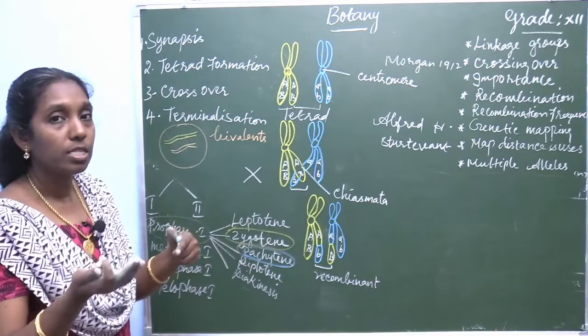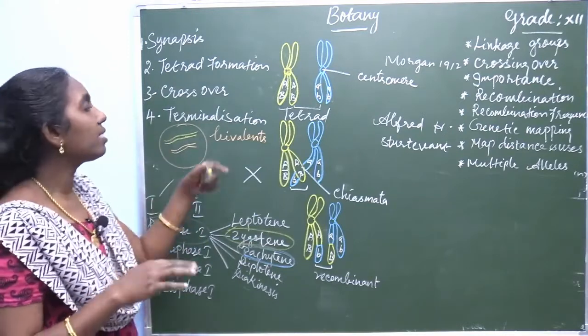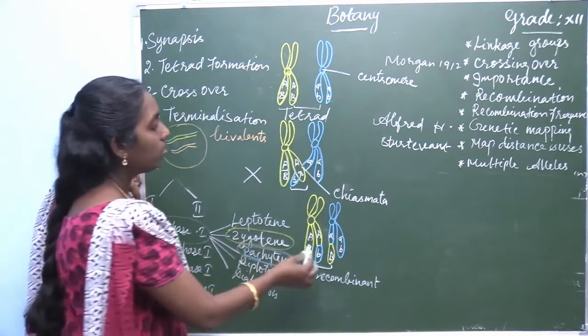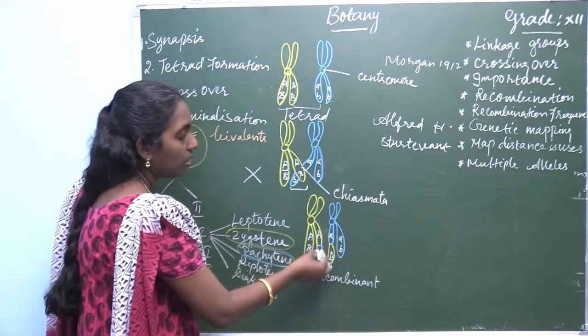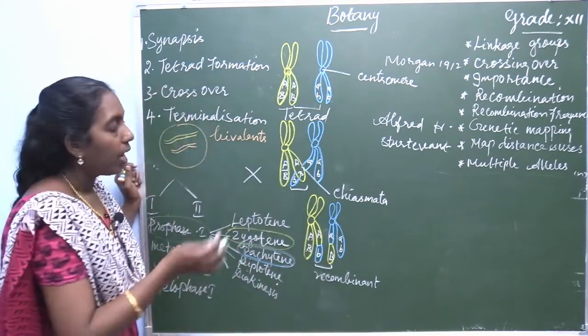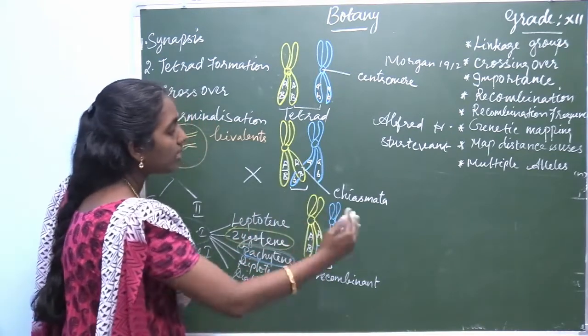The next process in the mechanism of crossing over is terminalization. What is meant by terminalization? The chiasma moves towards the terminal end of the chromatids, and the homologous chromosomes are separated.